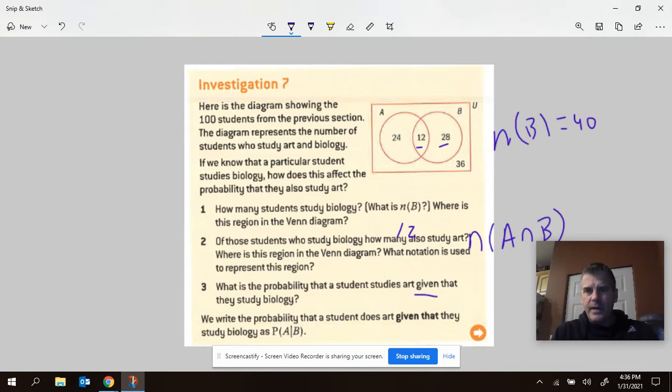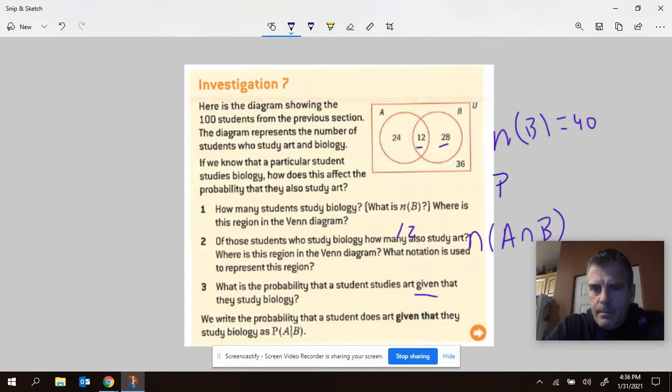It should make sense then that to calculate that number, we need to know the total. How many total biology students are there? In this case, for the probability of A given B, logically there's a total of 40 biology students.